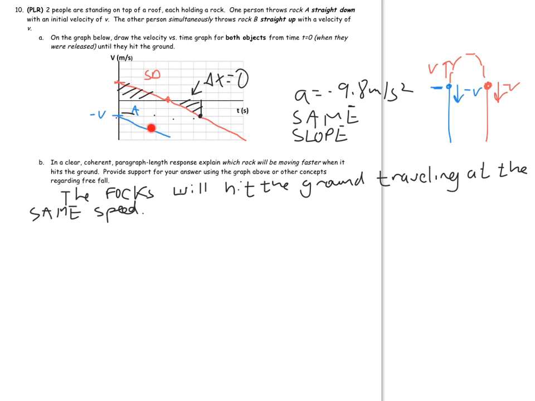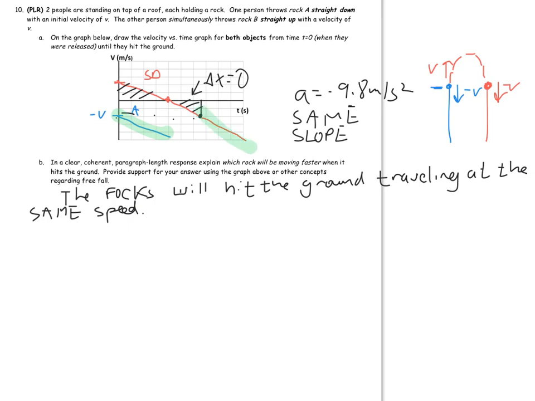And we can see that this line here and this line here end up having the exact same look to them, which means that they hit the ground traveling at the same speed. They're identical from here on. We could simply shift this line and put it right here, and it would match up perfectly.